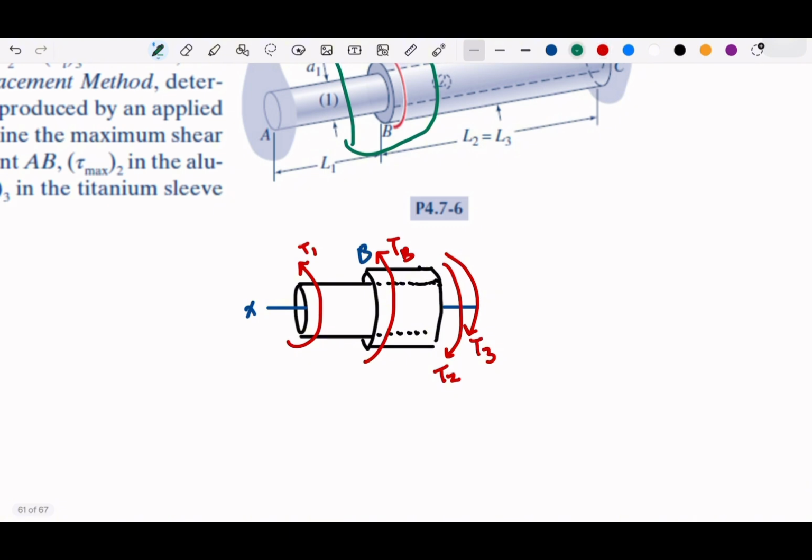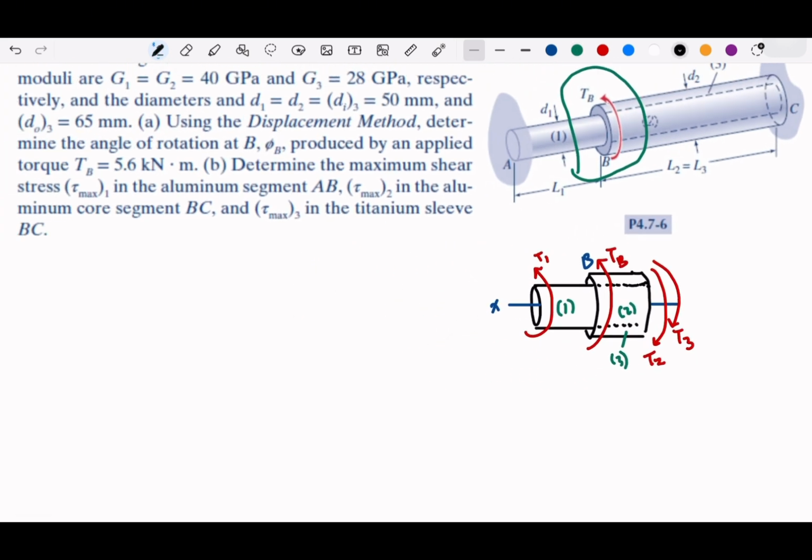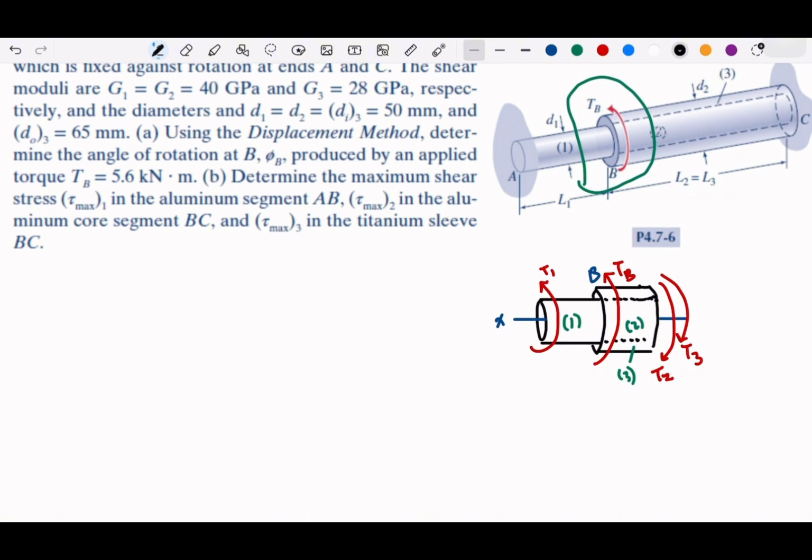If we name it, this is 1, this is 2, and this one is 3, right? Everything is done here, and don't forget we need to write the equilibrium based on this: T1 plus TB equals T2 plus T3, or TB is negative T1 plus T2 plus T3.